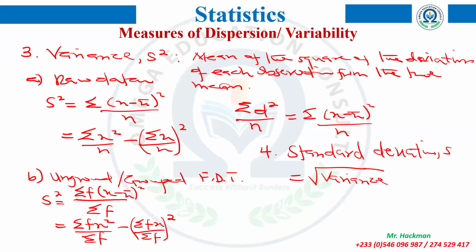If the standard deviation is given and we want you to find the variance, you have to square it. If the variance is given and you want to find the standard deviation, you have to find the square root of it. As simple as that.